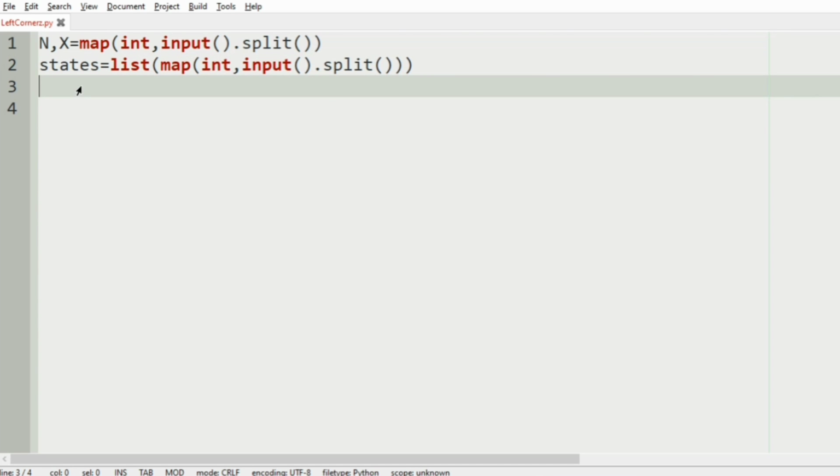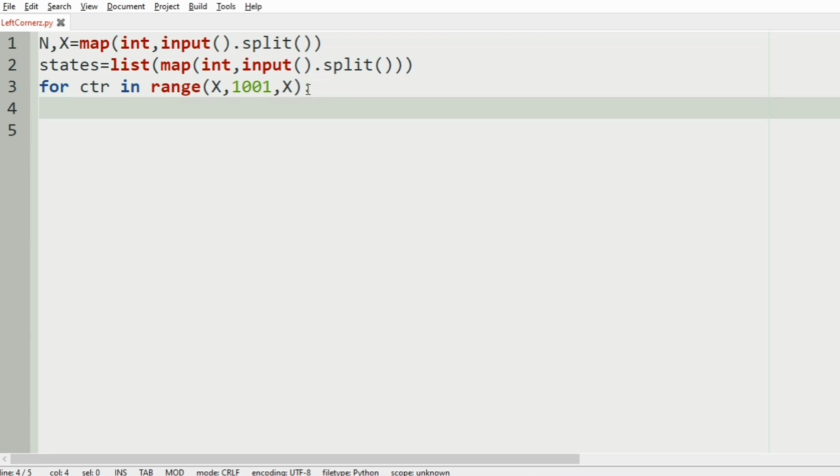And then we'll iterate over the x interval times, that is range x comma 1001 comma x. So this 1001 is a random number that is greater than n, and it is for x intervals.